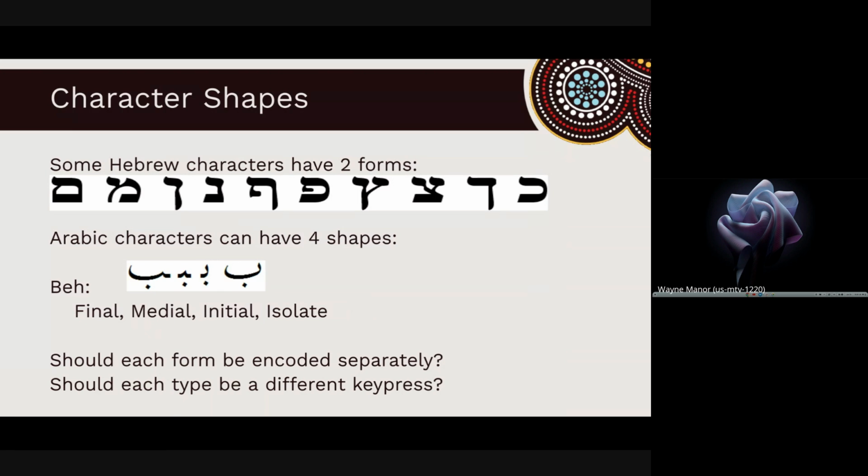So what does it mean for a keyboard? Well, should the keyboard have just one character and let the software application figure out what it should look like? Or should each character be represented by a different key or key combination?